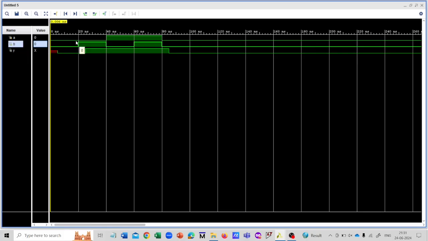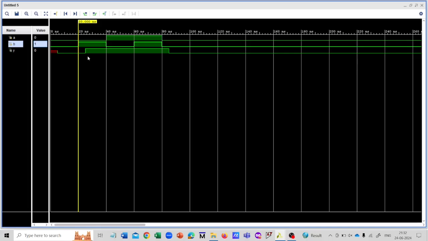And let us look at the instant where the input B changes to 1. That happens at the time instant 20 nanoseconds. You may recall that in the behavioral simulation, the output switched to logic 1 at the same instant. It switched to logic 1 at 20 nanoseconds.